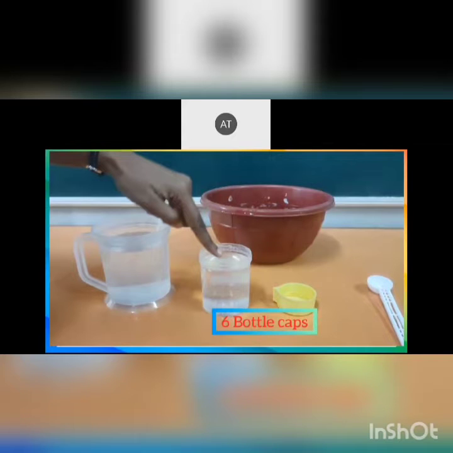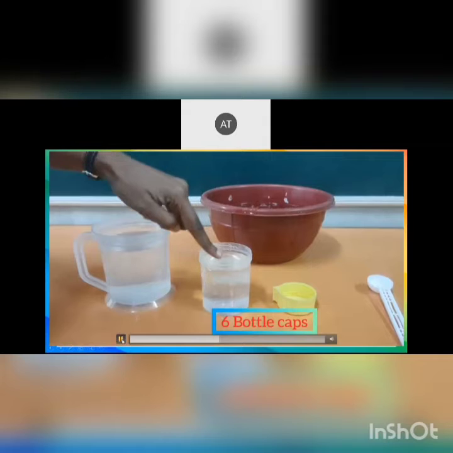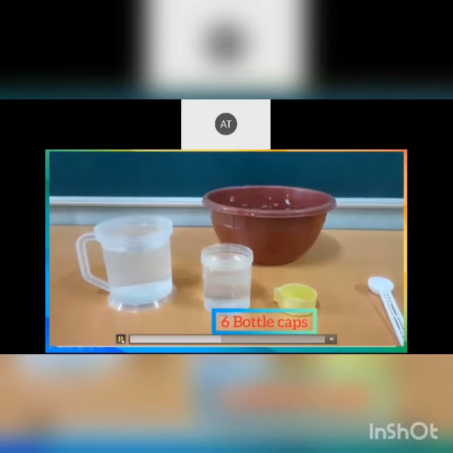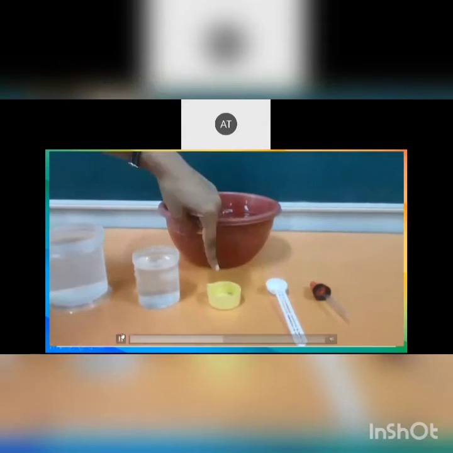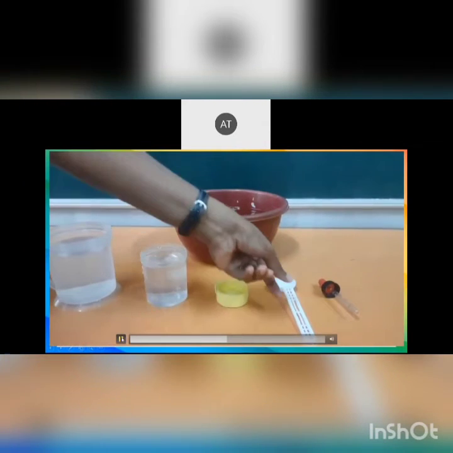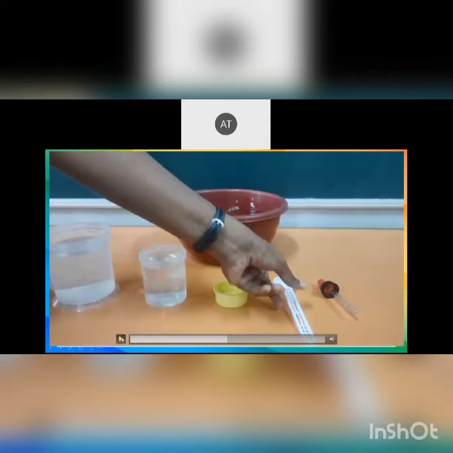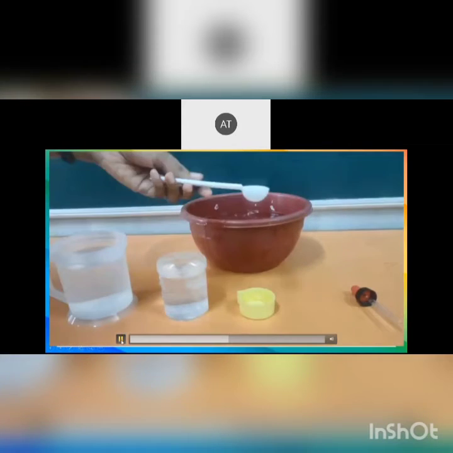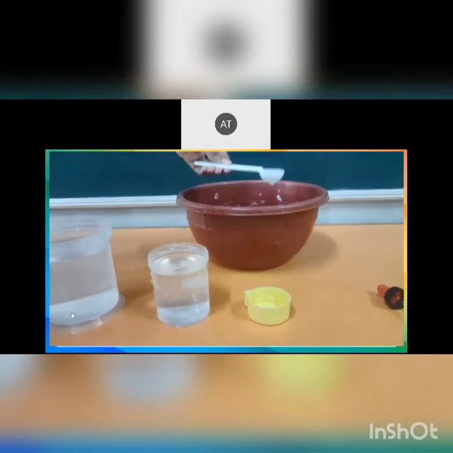Next, we will measure the capacity of the bottle cap using spoon. How many spoons will fill the bottle cap? Let's find out. Let's count.